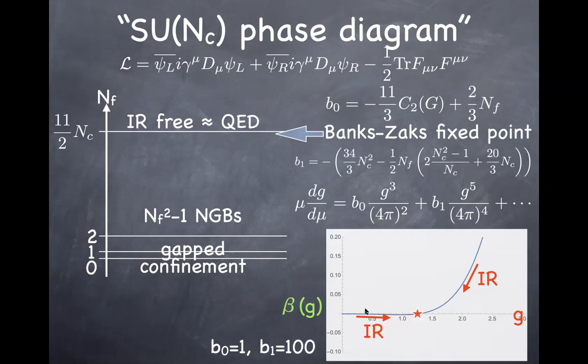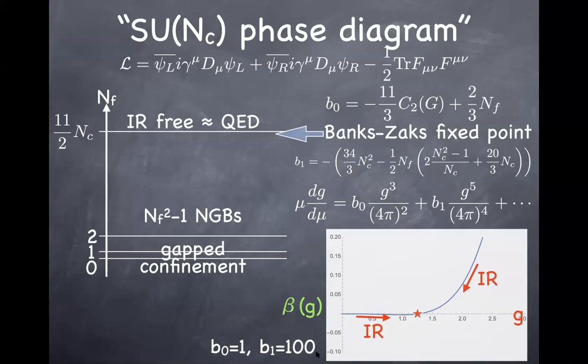Here, just for the purpose of plotting it, I plot the beta function as a function of the gauge coupling constant, and I took b0, the one-loop piece, to be 1, and b1, the two-loop piece, to be 100. So I'm assuming NC and NF are of the order of 10 or so. Then you can have the cancellation between the two that gives you an infrared fixed point where the beta function vanishes.